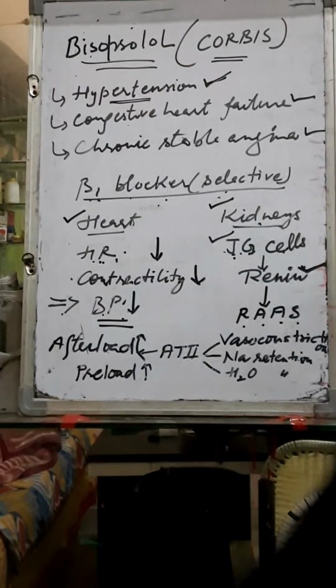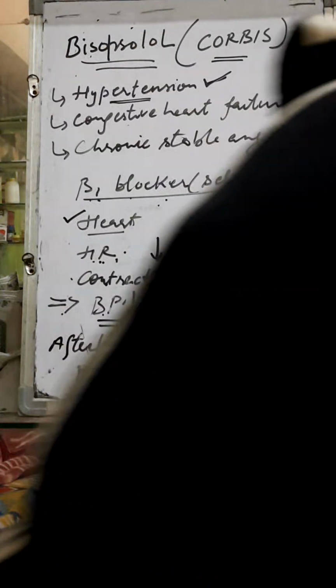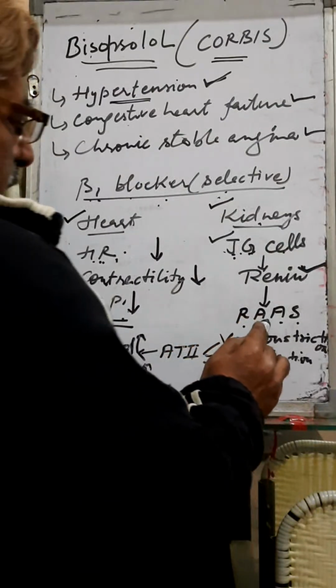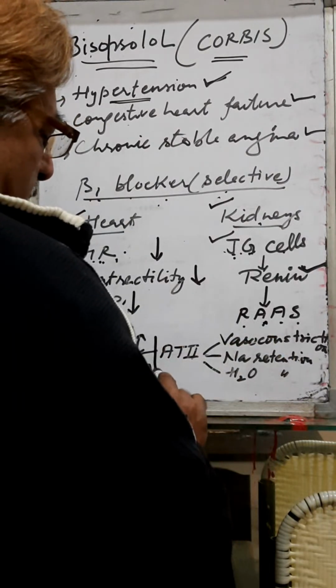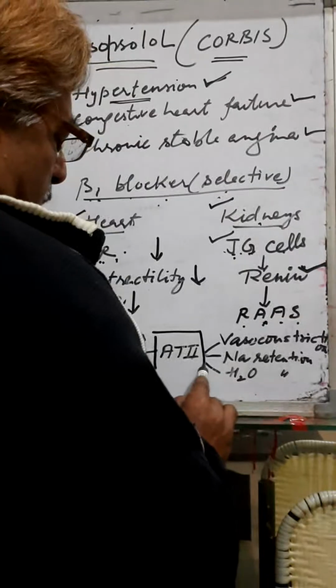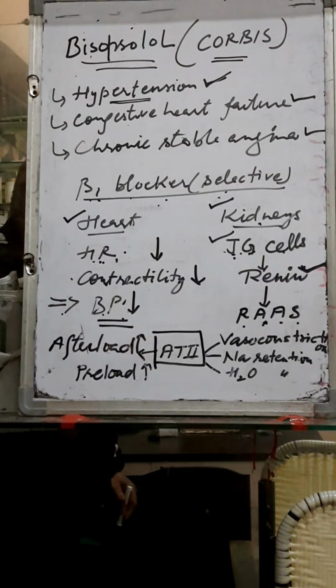Release of renin from the JG cells in the kidneys stimulates the renin angiotensin aldosterone system, and the result of this stimulation is that angiotensin 2 is produced.